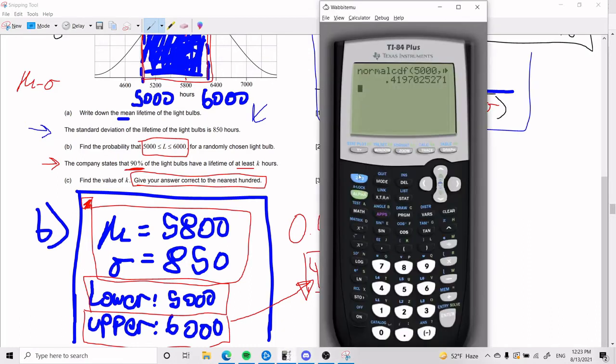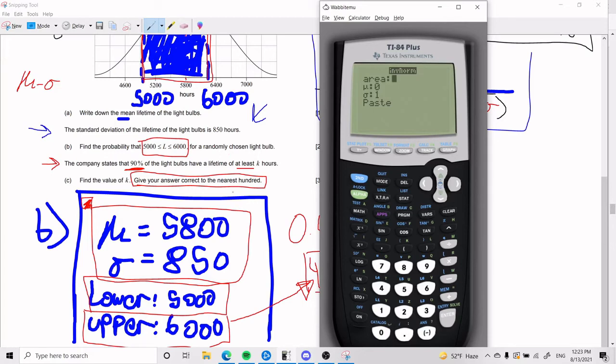The function that we have to use now is inverse normal, the third one over here. What inverse normal does is that you give it an area and it's going to spit out an amount.